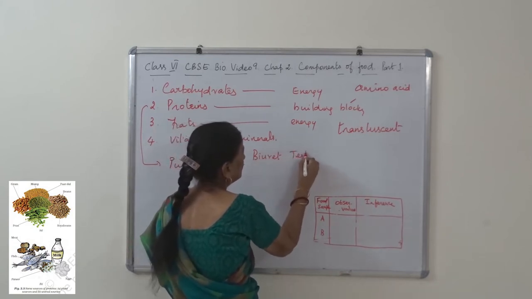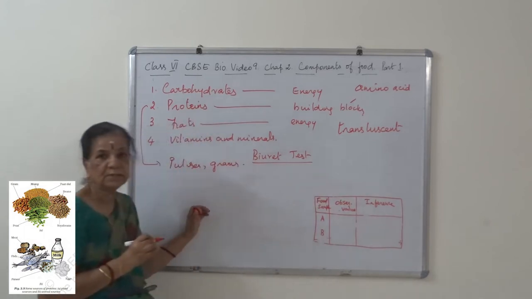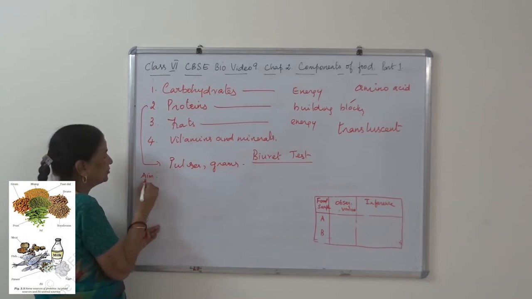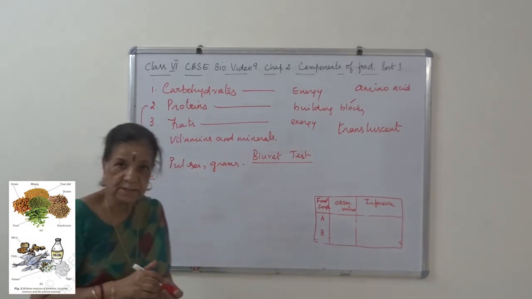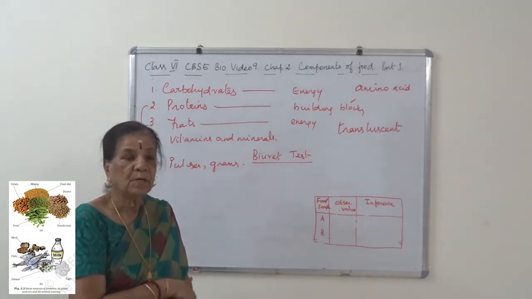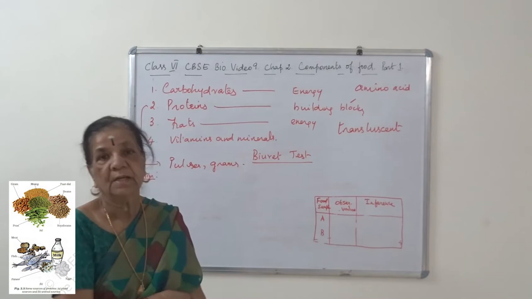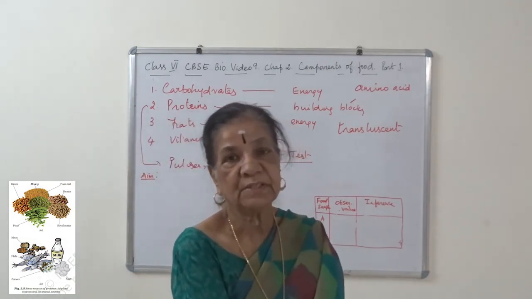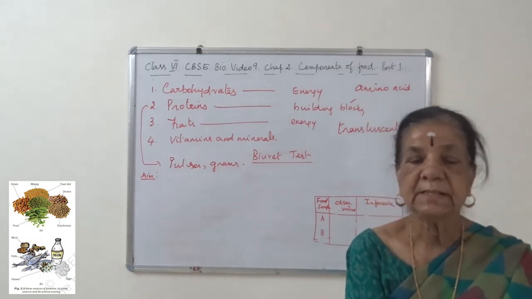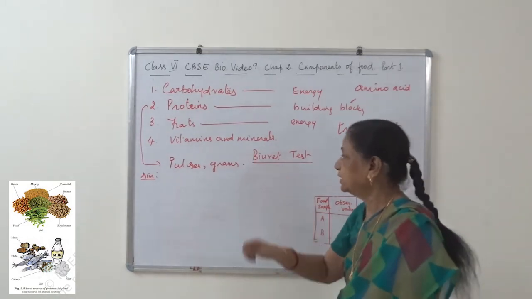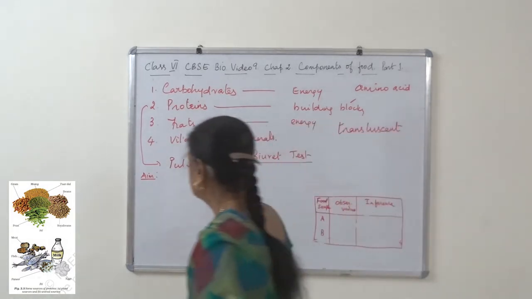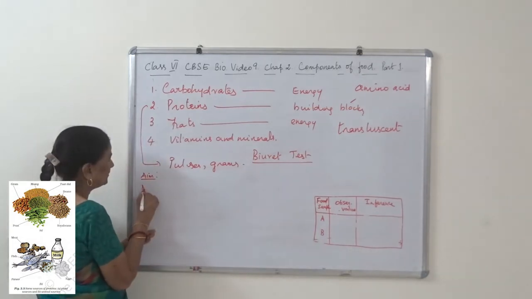Aim: to test the presence of protein in given food samples A and B by the Biuret test method. I hope you understand.